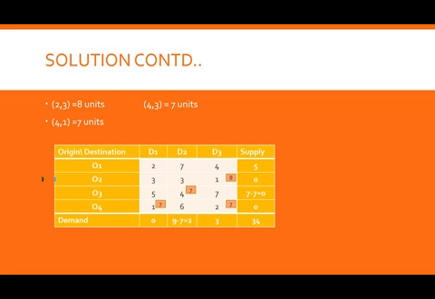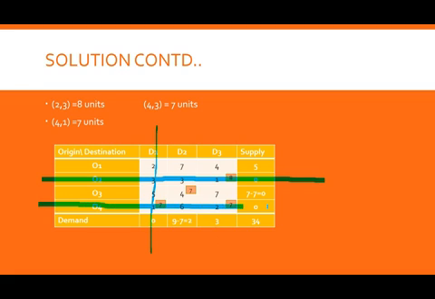So this row was already gone. This column was already gone. Now this row also went. Now what is the remaining cost matrix? 7, 4, 4, 7. So 4 is the minimum on both sides.